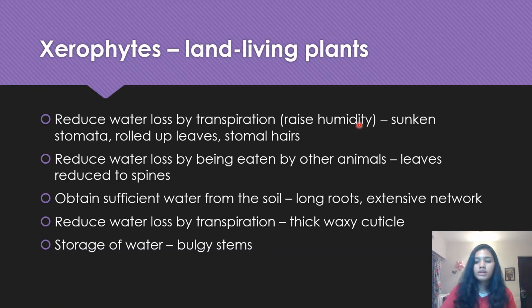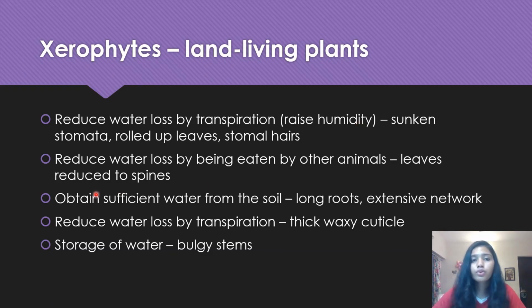It causes an increase of concentration of water vapor outside the plant, and so water vapor can't diffuse outside the plant by diffusion, okay, because the concentration gradient is then negative. Okay, you write like that.